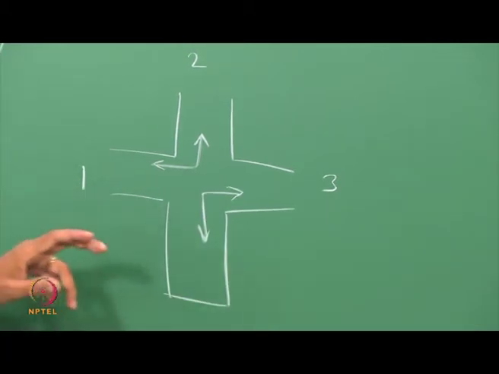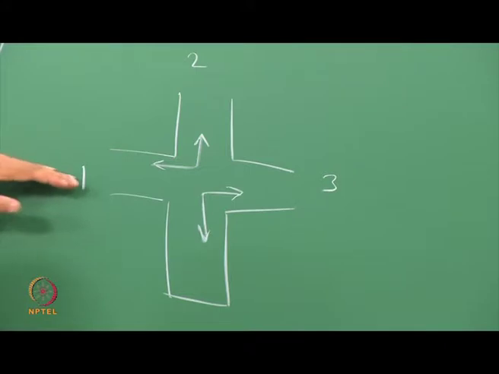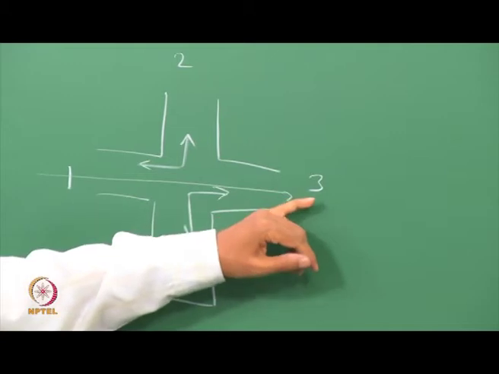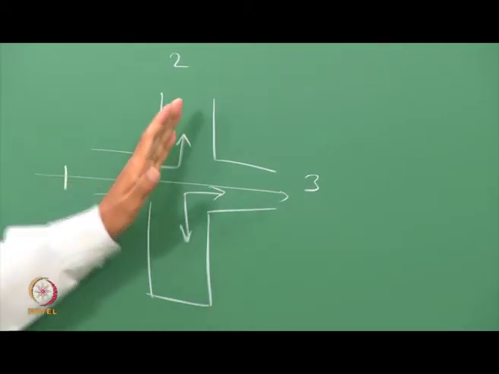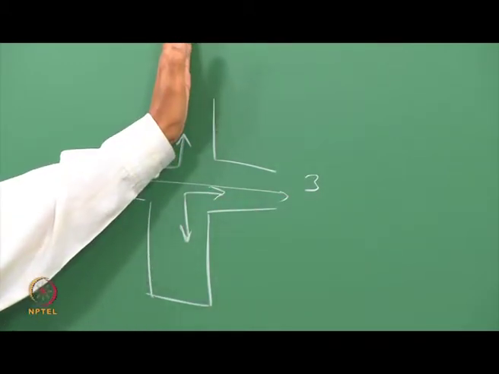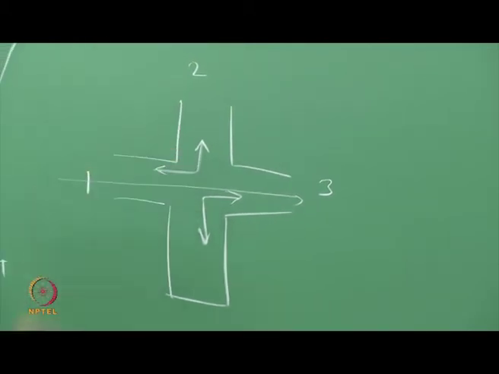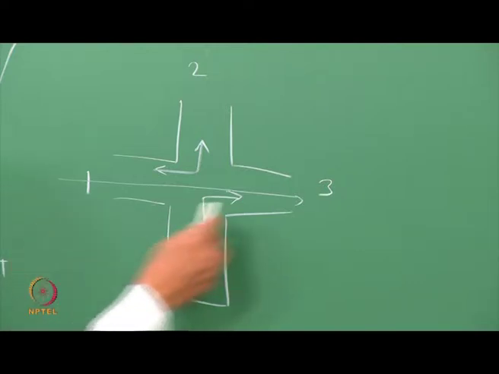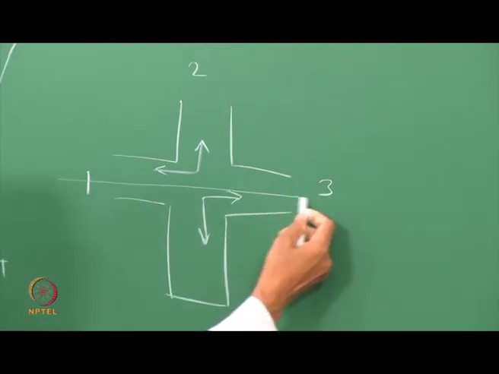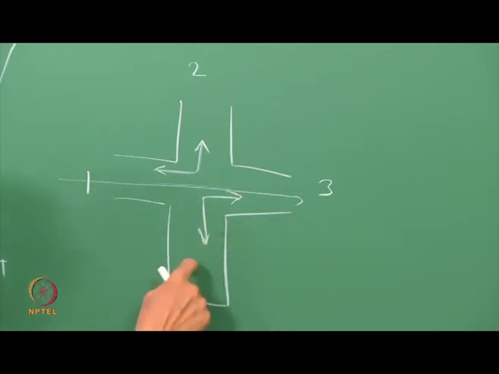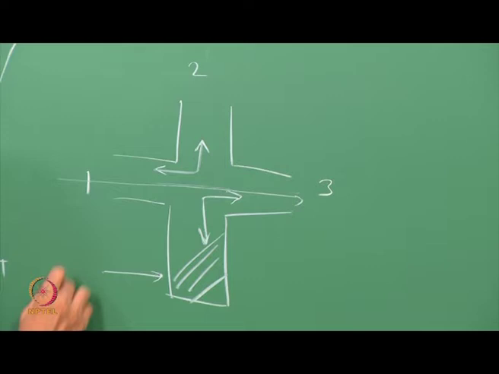So, the way it works is that microwave power that is entering here will appear at port number 3, but a part of that will be coupled to this side, and how much of this will couple depends on the construction. On the other hand, the power that is entering here will of course come here, but a part of that will get coupled to this path, but here it is blocked, and also inside we have put a material which absorbs the microwave.